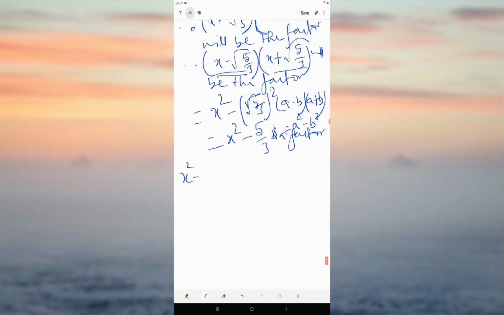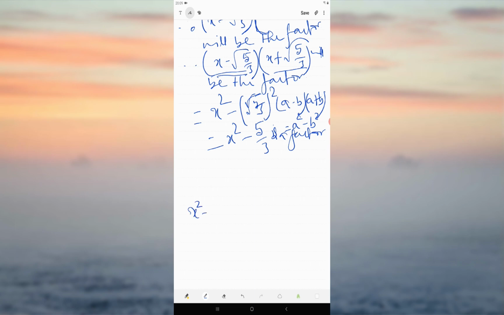So we need to divide the given polynomial by x square minus 5 by 3. So x square minus 5 by 3 we will write over here. Let's give some space so that I can write; it will be easier.